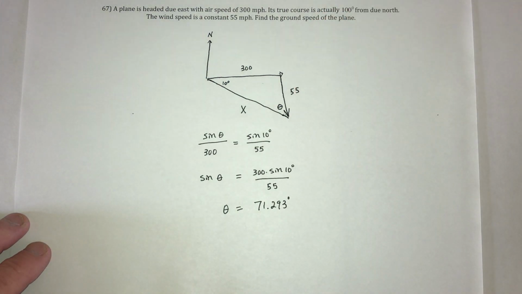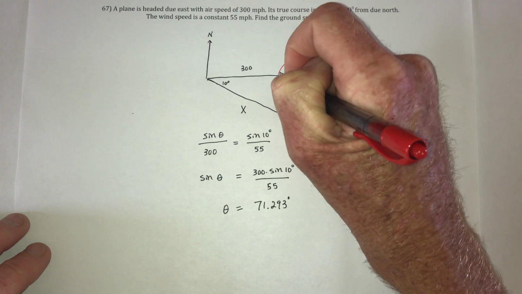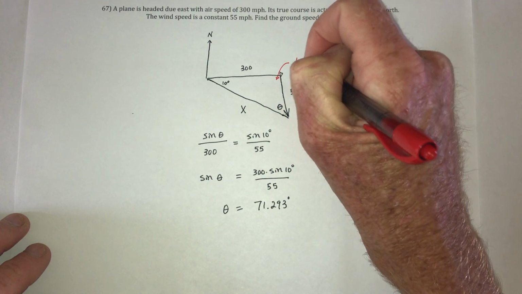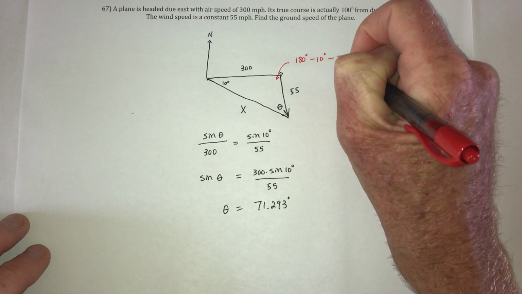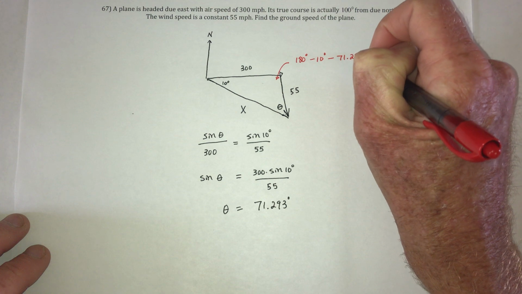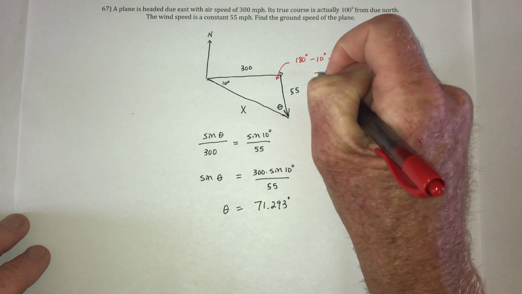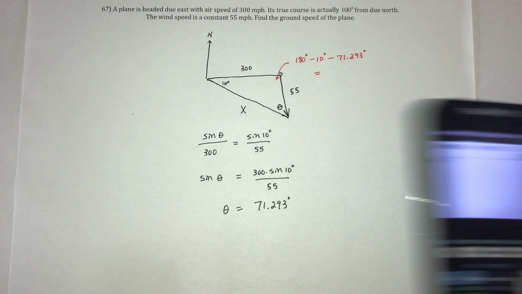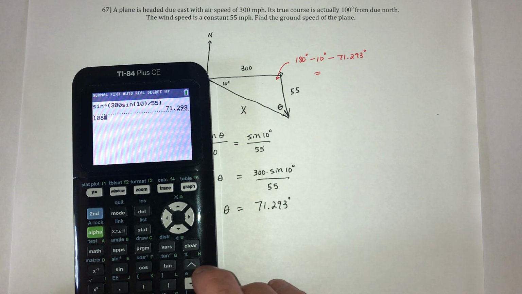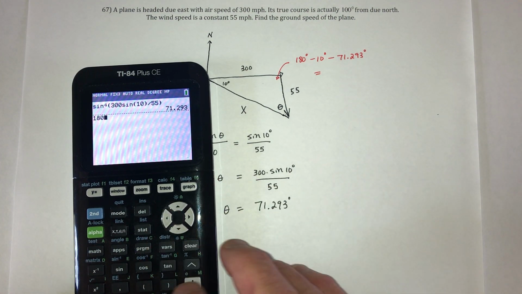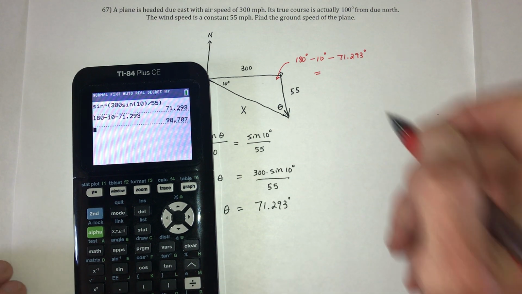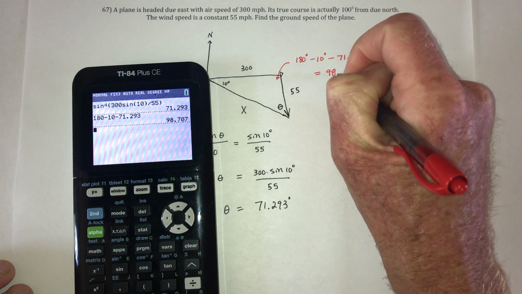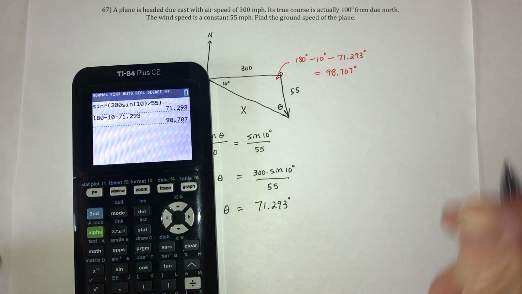That means that this angle right here would actually be 180 minus 10 minus 71.293, since the total for a triangle is 180 degrees. So 180 minus 10 minus 71.293 is 98.707 degrees.